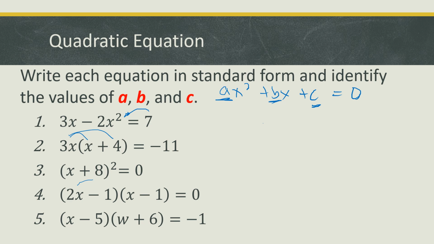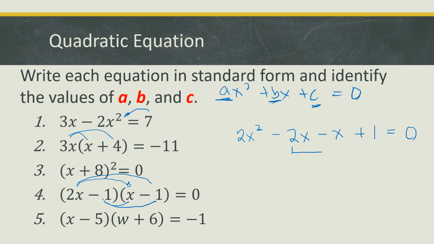Let us multiply first the first terms: 2x times x, we have 2x². Then the outer terms, 2x times negative 1, we have −2x. Next are the inner terms: negative 1 times x, we have −x. And then the last terms: negative 1 times negative 1 is positive 1, equals 0.